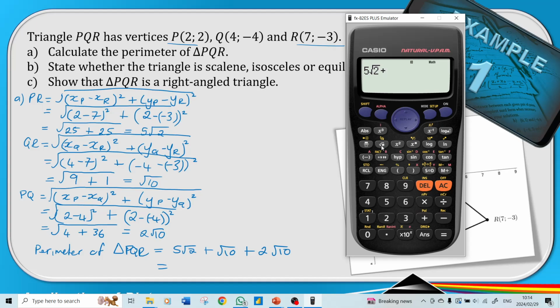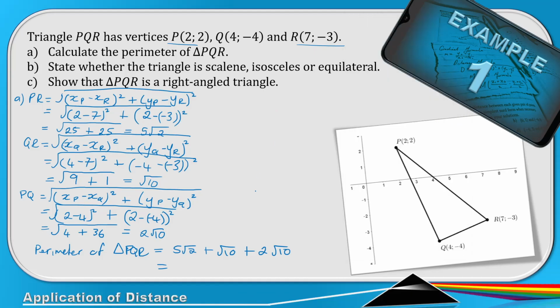And this one, I'm just going to type as decimal places directly. So if I press the SD button, then it gives me 16.56.